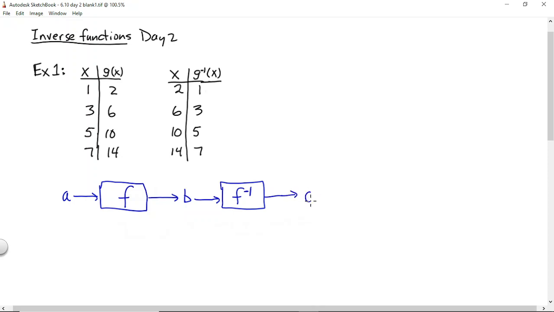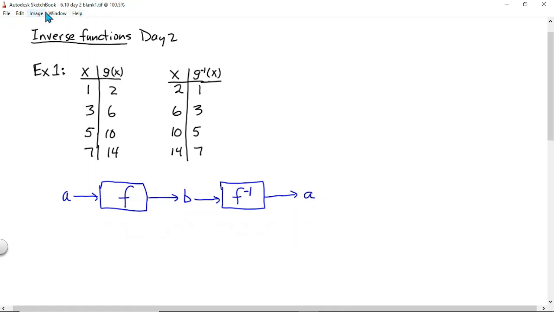It will be a. So the same a went into f. You got some output. Use that output as the input to f inverse. You'll get a back again. And some people say if function f turns an apple into a banana, then f inverse turns the banana back into an apple.